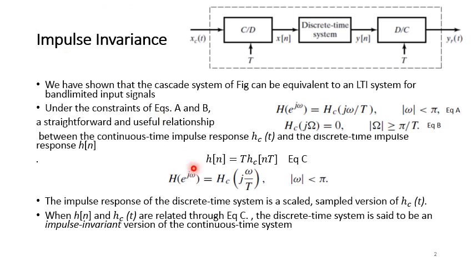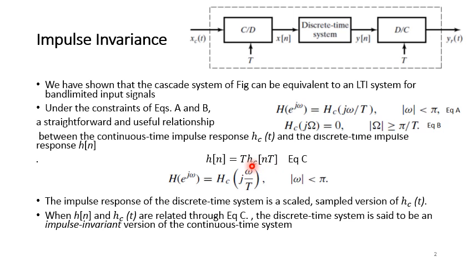We obtain the impulse invariant version of the continuous time system using this equation, and simply it says that h[n] is a scaled and sampled version of hc(t). You understand hc(t) is the impulse response of the LTI system, right?